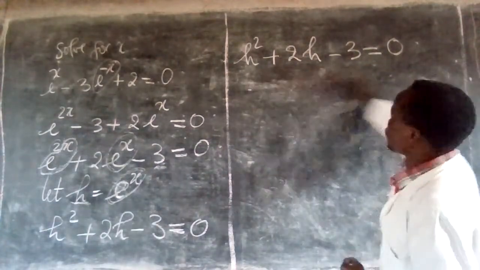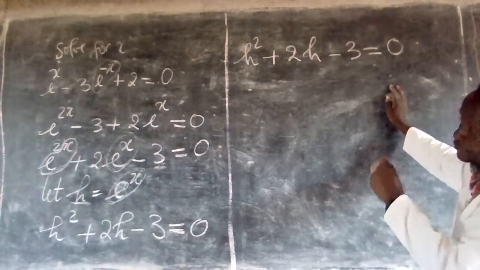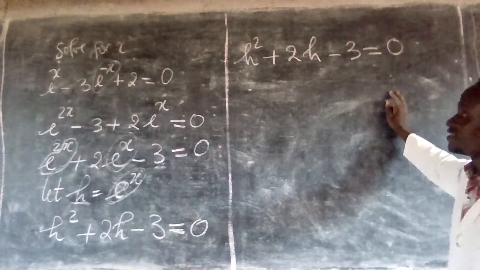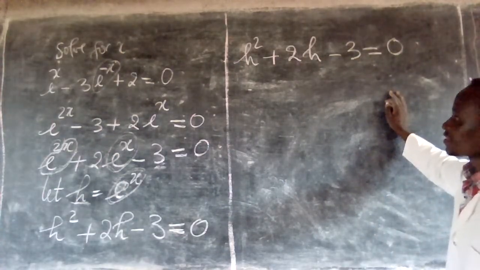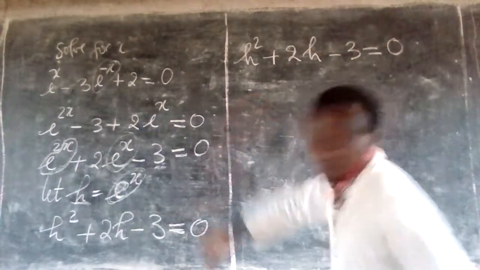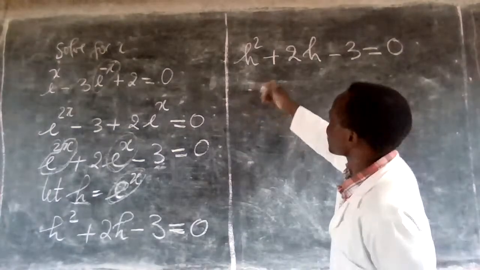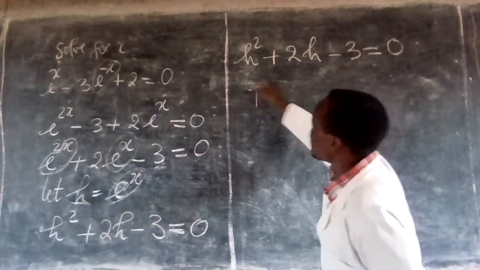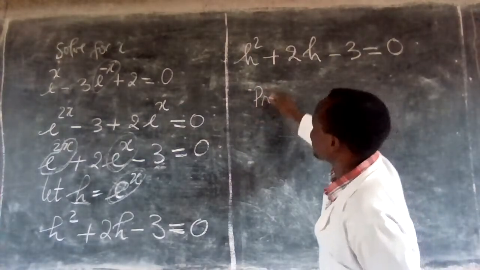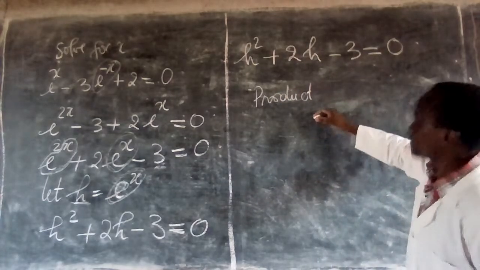Now we are going to factorize this one. There is a trick that we are going to use for factorizing this equation. Now, a simple way. We need to have a product.